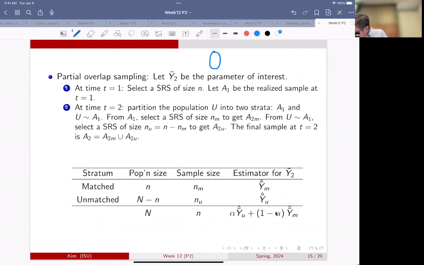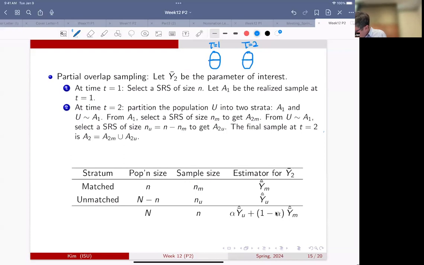at t equal 1, if this is the same sample, then this is a panel, right? So the key idea is that now we make a partition.